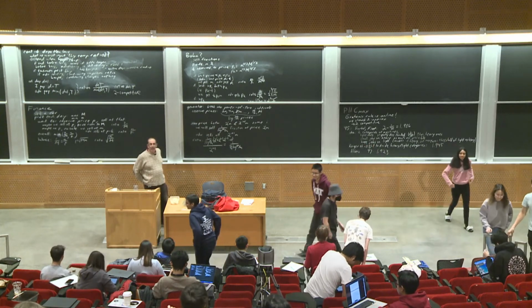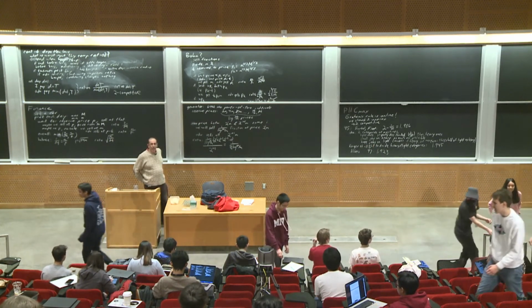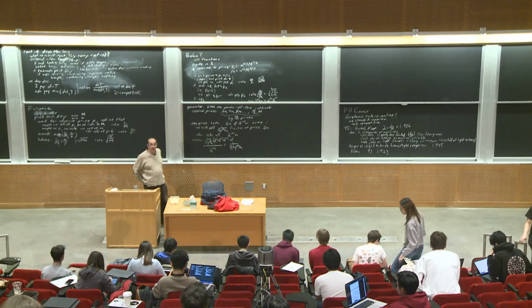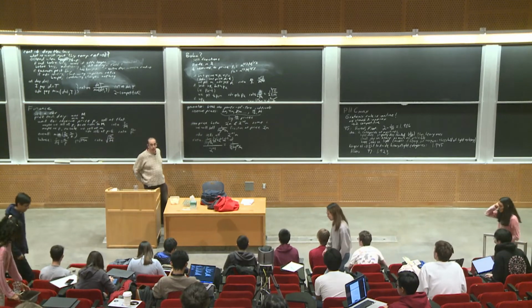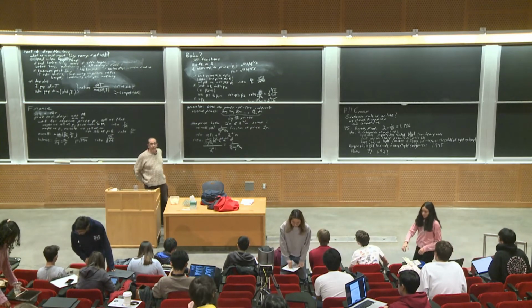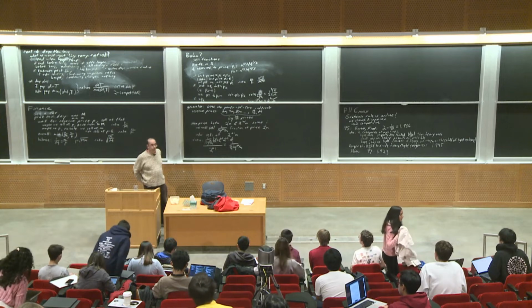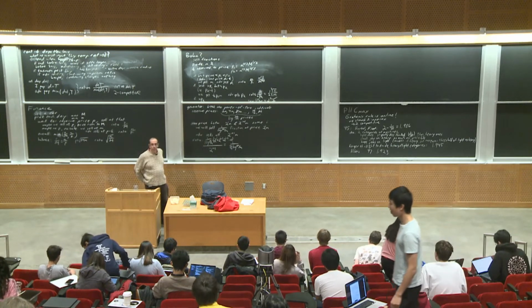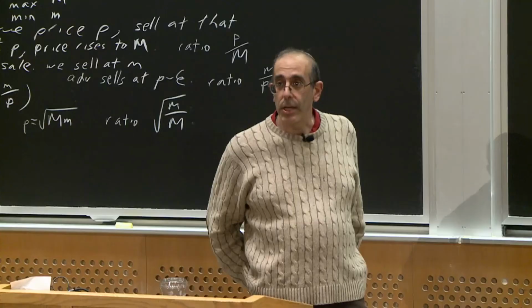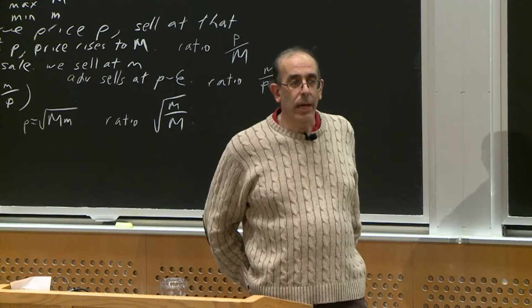I wanted to mention the last problem set, and this is the last problem set, by the way, the one that's due on Wednesday. It includes a project proposal, which is due next Wednesday with the rest of the PSET.